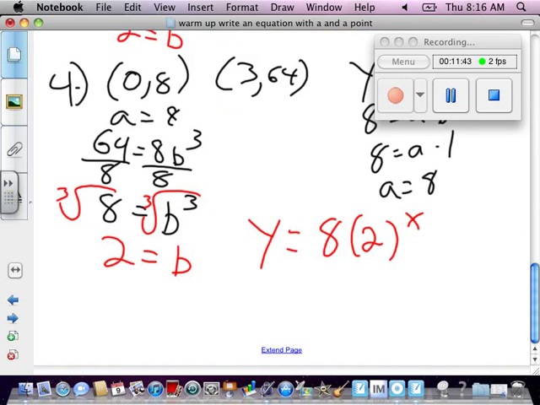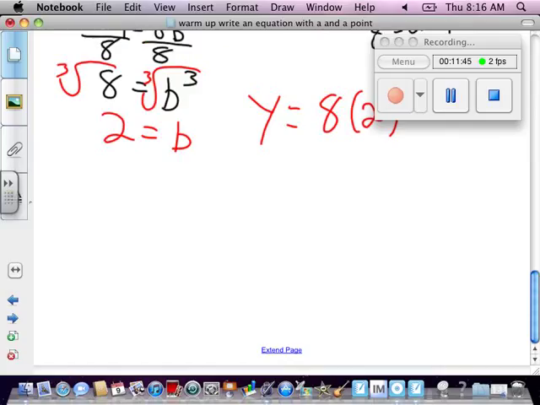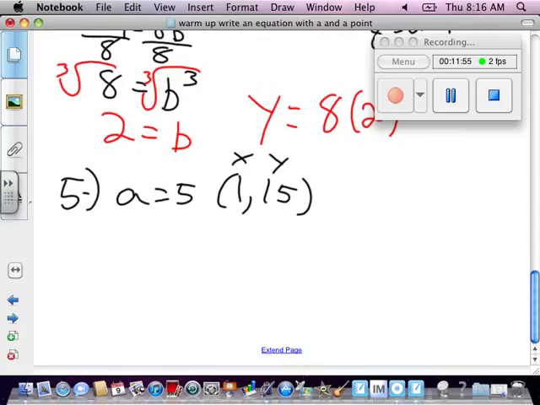Okay. Let's look at 5. For 5, I've got a equals 5, and x is 1, y is 15. So I'm just going to stick this in. Equals 5 times b to 1?